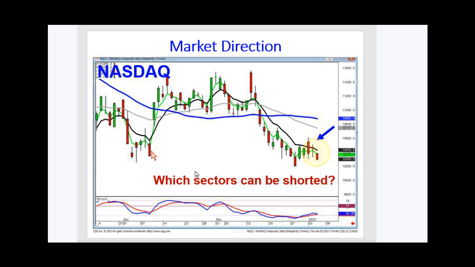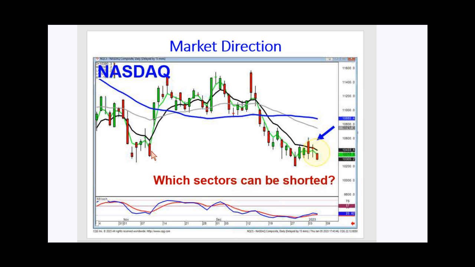So they basically tell you what's going on in investor sentiment. The T-line is the 8 exponential moving average. It's the trigger line or the trade line.